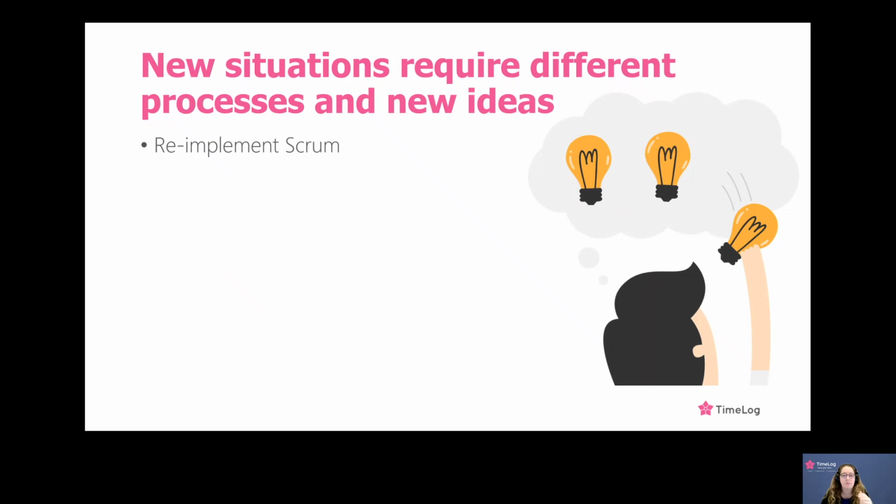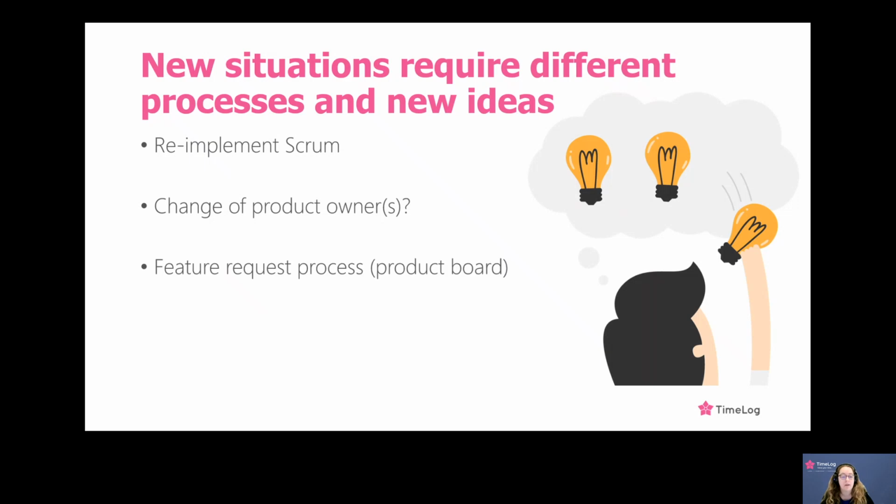So go back to basics, you can say, and re-implement the basic things that we did in agile development. I also suggested a change of product owners to get some new ideas in and new blood, you can say, because many of the product owners who were in the company at the time had been there for a long time and maybe couldn't see the benefit of adding some of that new feedback we got in.